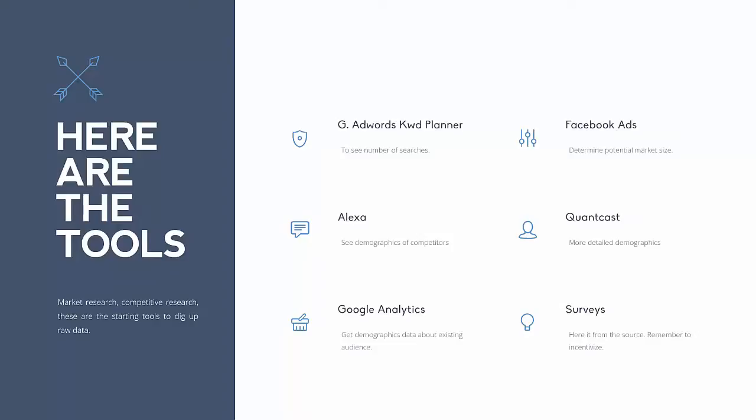The next two tools you could use to get demographics data are alexa.com and quantcast.com. And you just go to these websites. I'll go and do that just in a moment. And you type in either your own website or the website of a competitor and see the demographics of people that access their website.